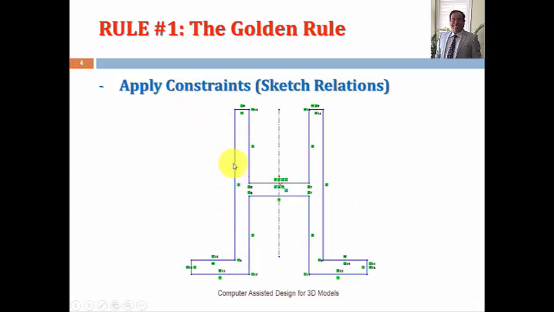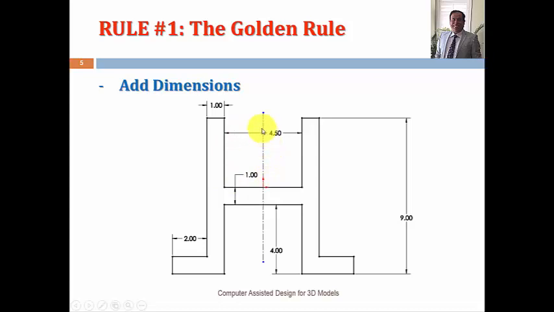So we said in this step we apply different sketch relations like vertical here, horizontal, equal relation between this segment and this segment, perpendicular relation between this segment and this line, and so on. And then after that, we add dimensions to specify accurately the size of our part, our model.